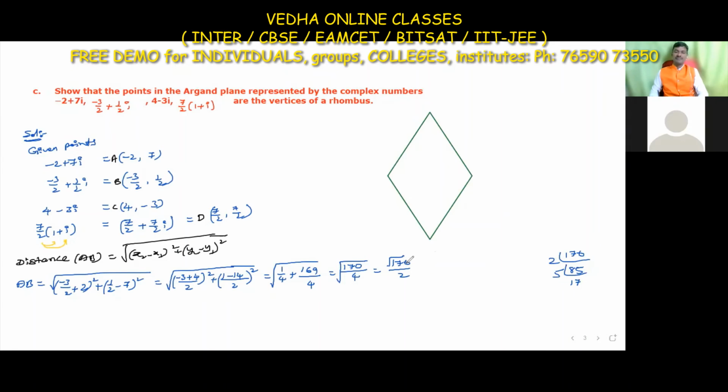Simplified form, or otherwise we can keep it like that, because we want to compare the distances only. Values are important, and we may get equal values. Now find the distance BC, which is under root of 4 minus of minus 3 by 2, becomes 4 plus 3 by 2 whole square, and minus 3 minus 1 by 2 whole square.